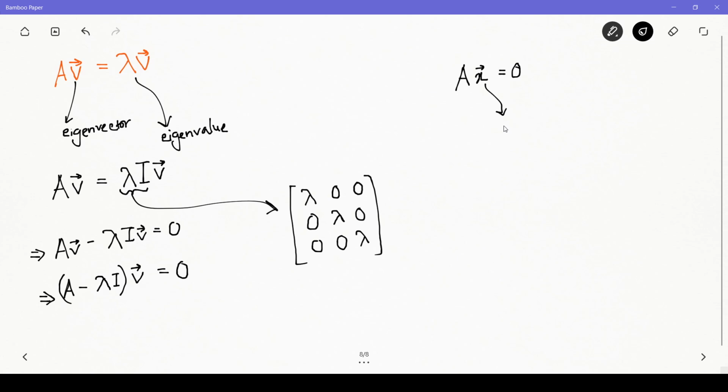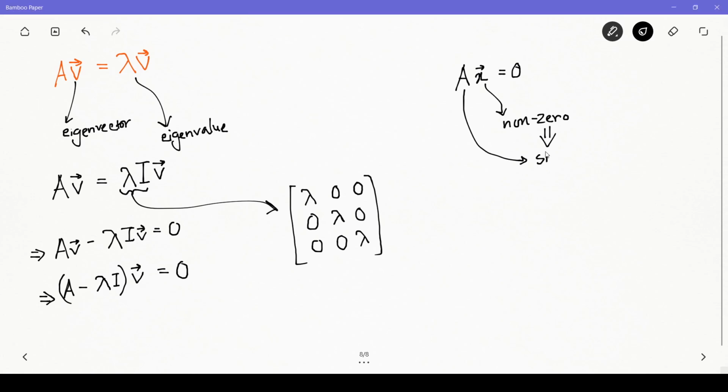So the theorem said that this equation will yield a non-zero solution, or the entries of our column vector x will be non-zero, if and only if the matrix that we are multiplying the column vector with has to be singular, right?